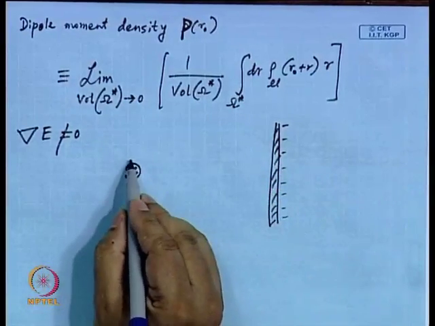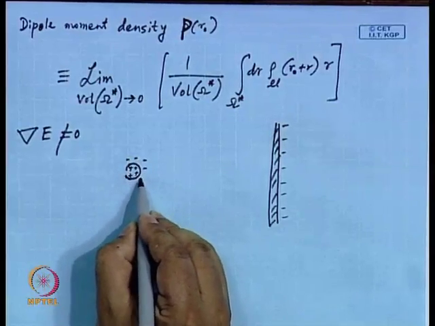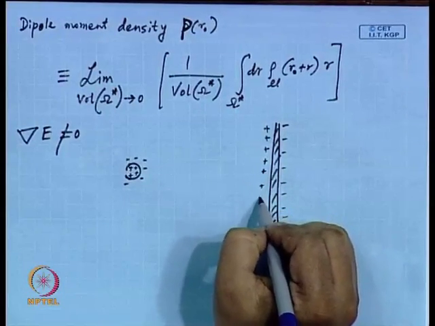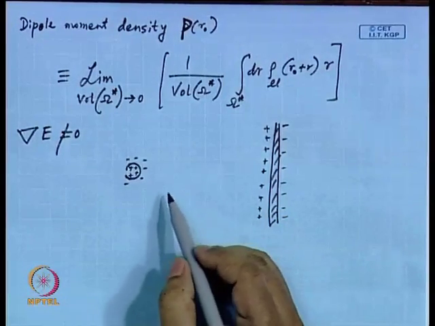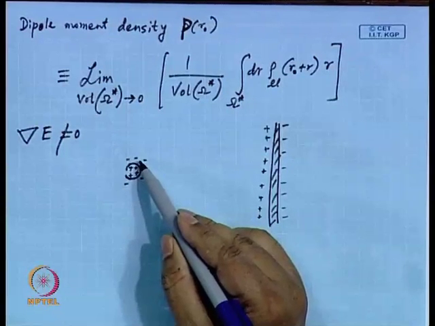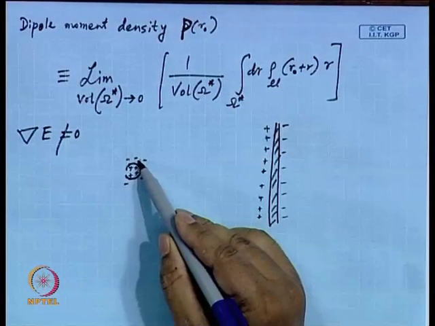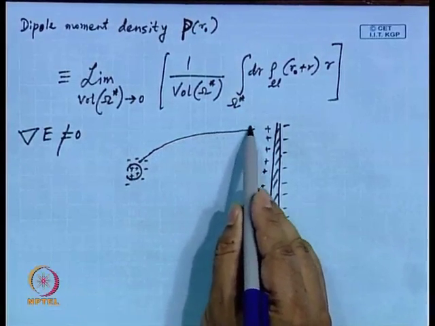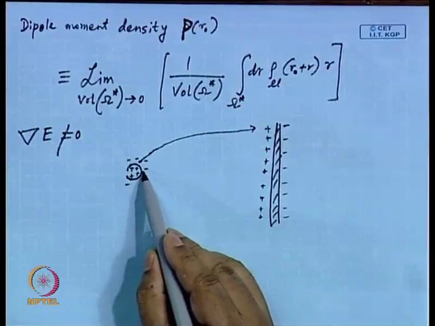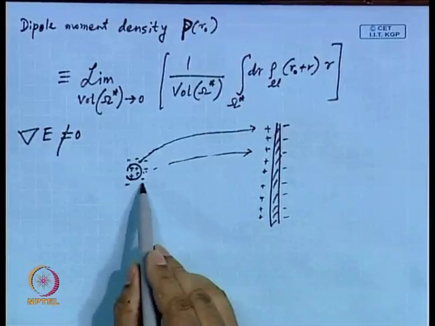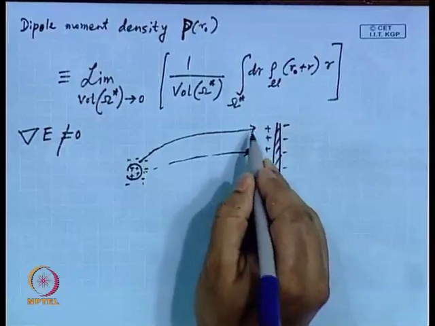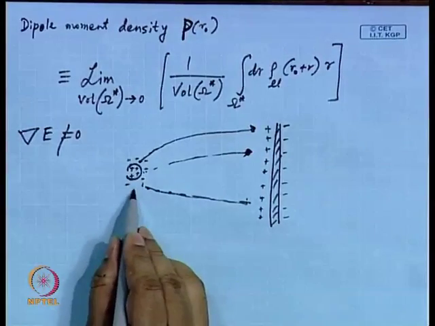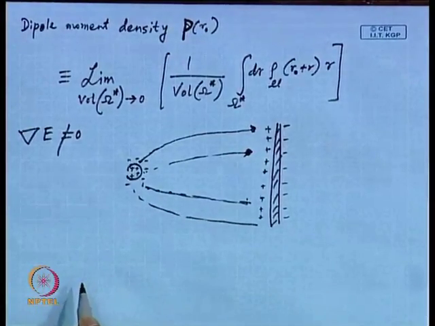You will be pulling charges here. If you draw the electric field, you can see that automatically it would be non-uniform, this is how the field is located.